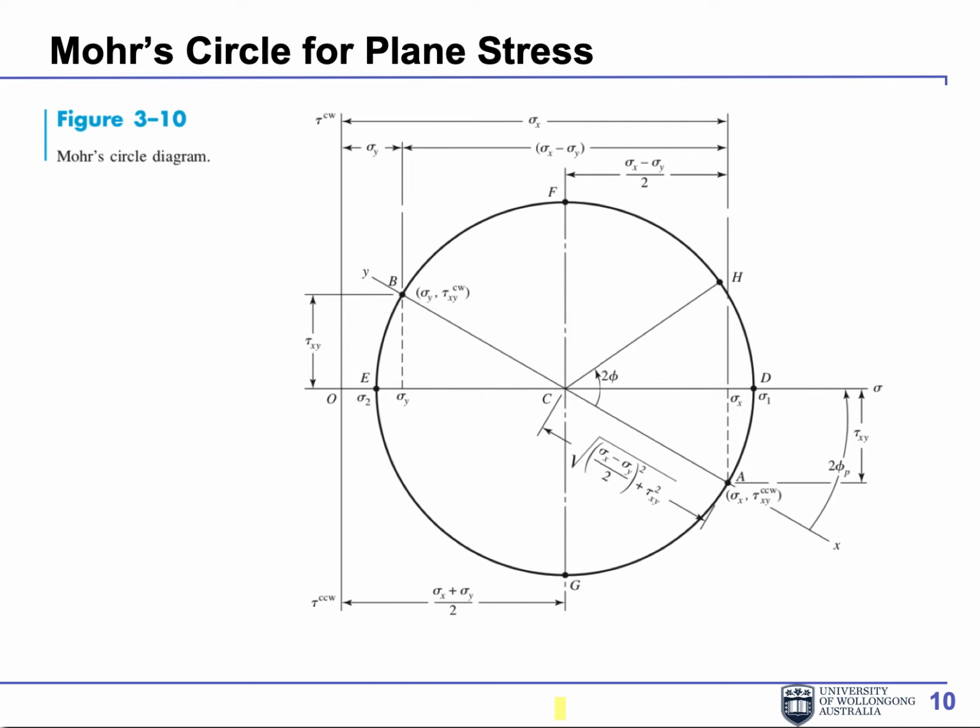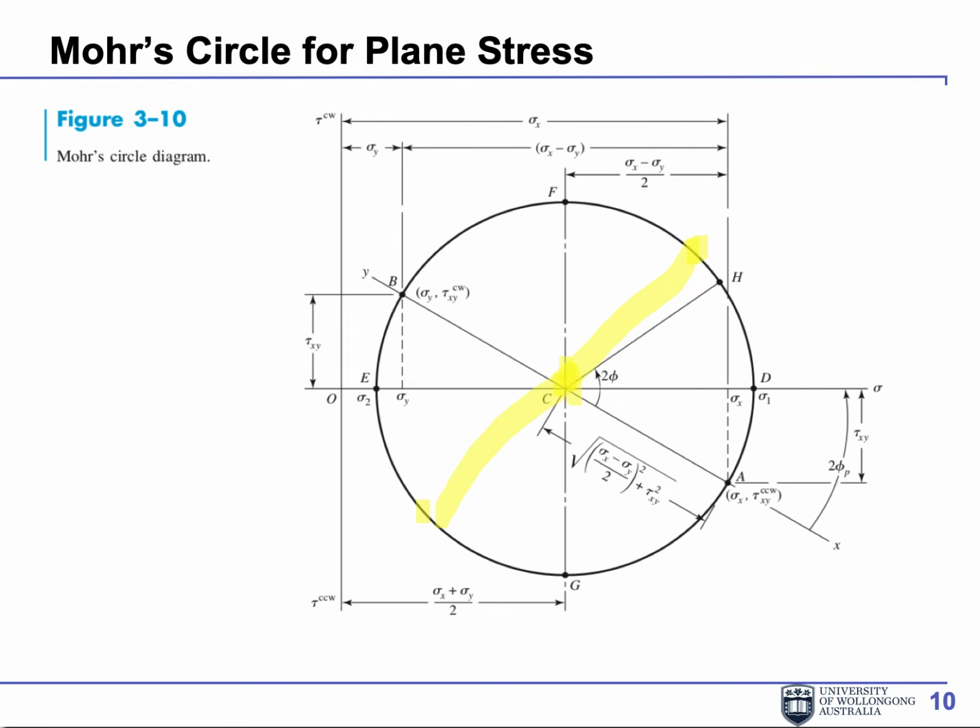For example, in the previous question, you have sigma x, sigma y equal to 0, and tau xy equal to something. So you get 2 points on the circle, normally a diameter. From there, you know the radius of the circle and the center of the circle. Then you can do the offsetting and use the Pythagorean theorem.